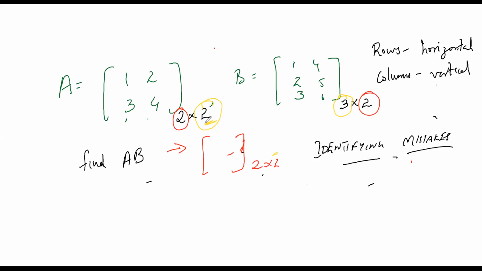You can see here 2, correct? Here we can see 3. This 2 and 3 are different. 2 and 3 are not the same. If this column and this row are not the same, then we cannot obtain the matrix multiplication.